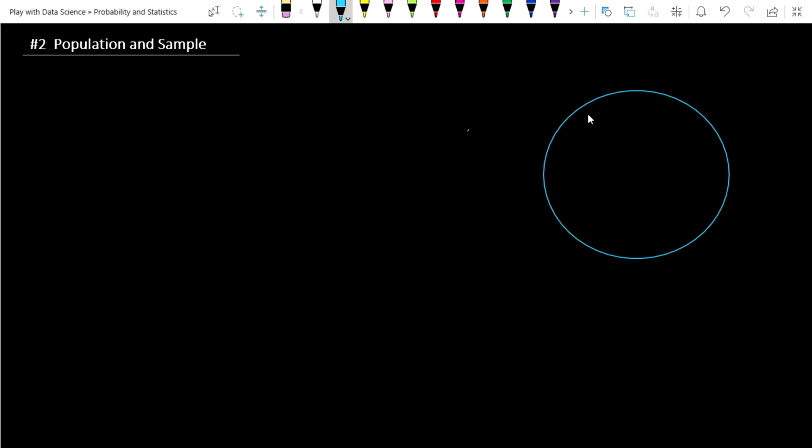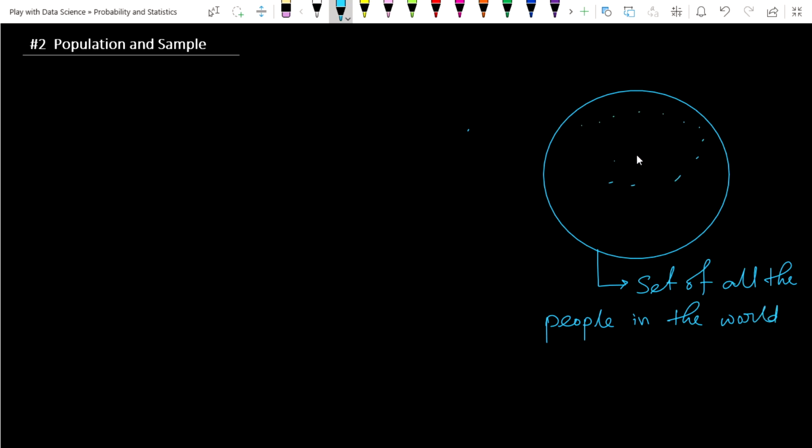The set of all the people in the world is the population. Very simple. The set of all the people in our world.